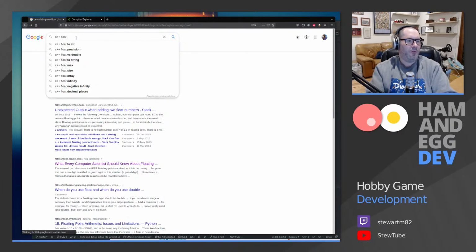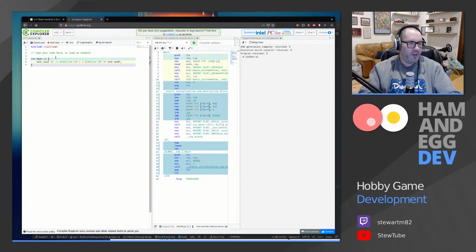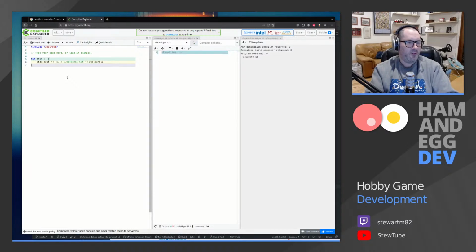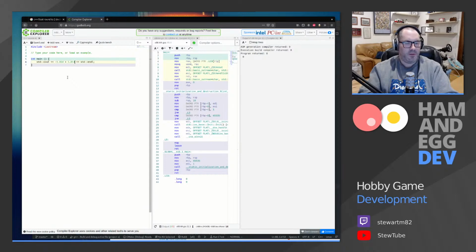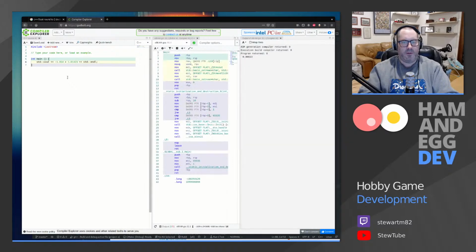Float round. Actually, before I even go down this path, let me just make sure that that actually works here. Program returns 0. Okay. Yep.